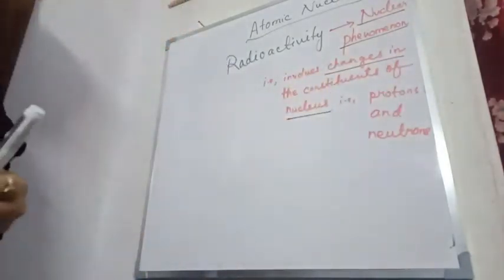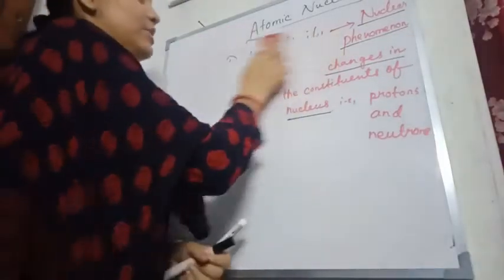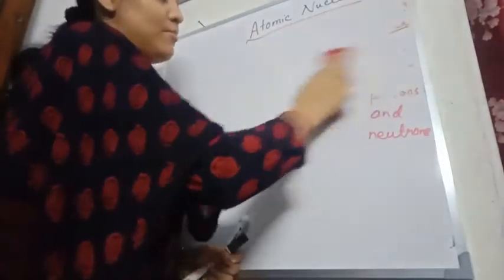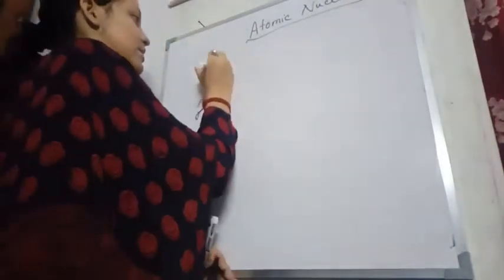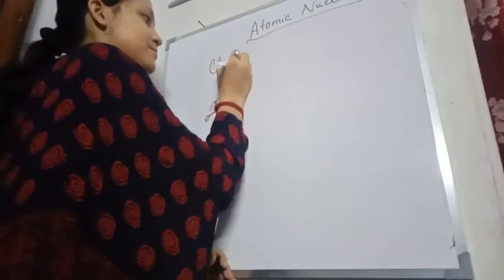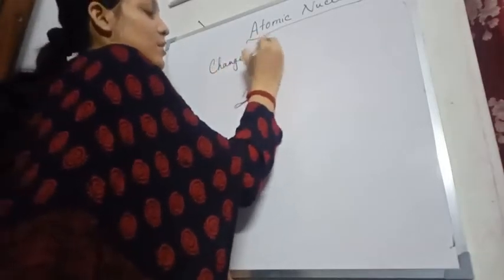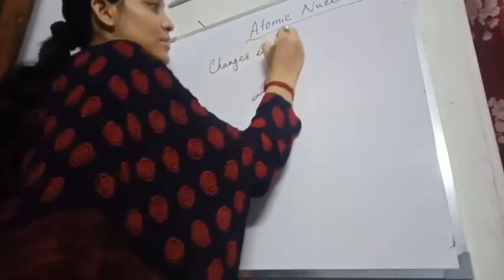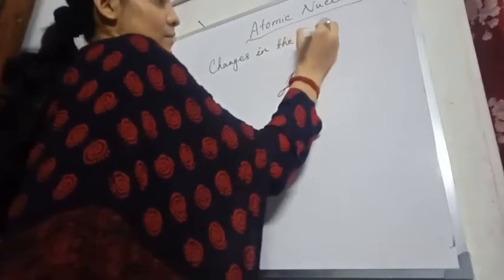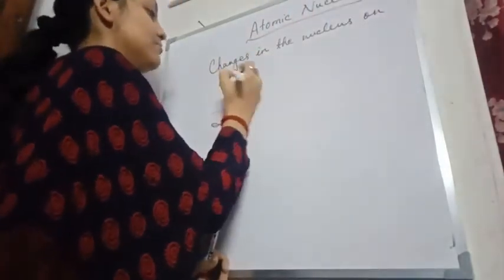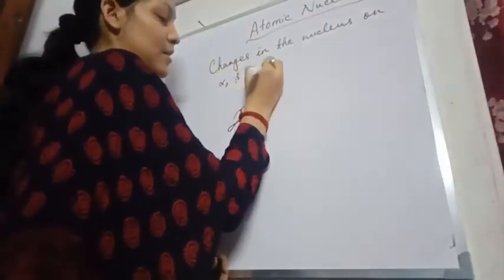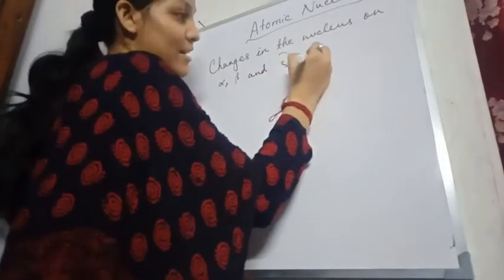Okay. Now we'll come to the important part. Changes in the nucleus on alpha, beta and gamma emission.